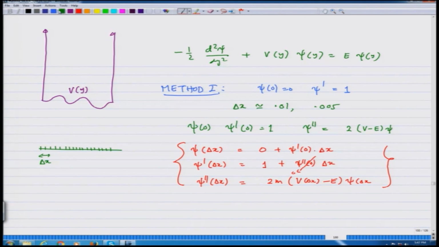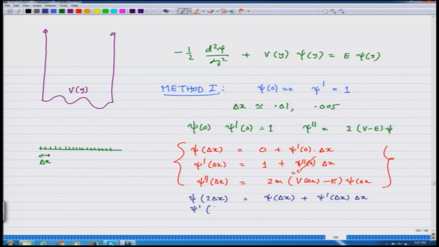From here I can go to the next step and write psi at 2 delta x would be equal to psi at delta x plus psi prime at delta x times delta x.